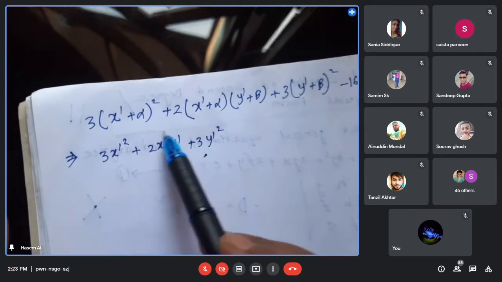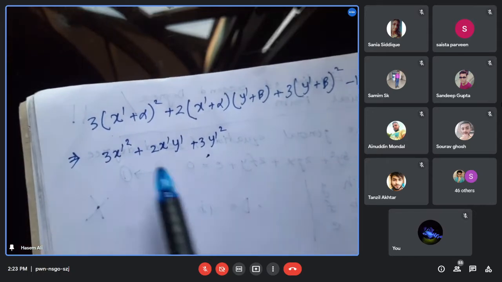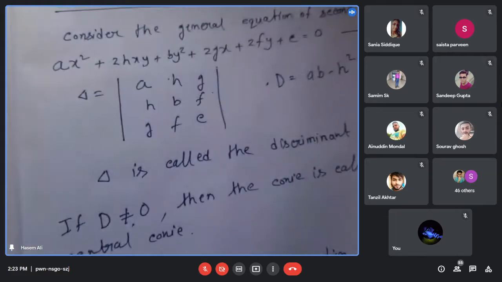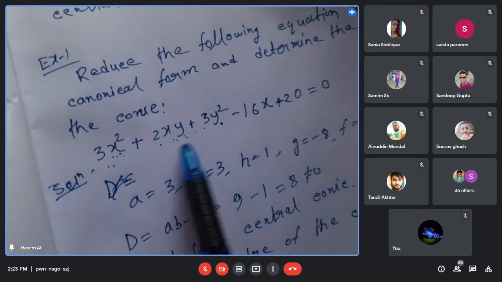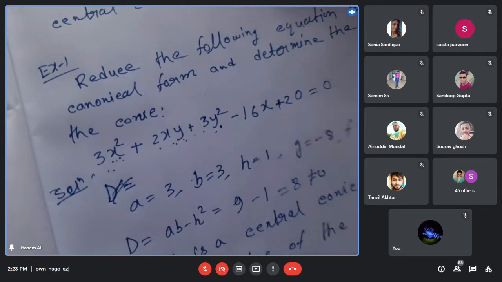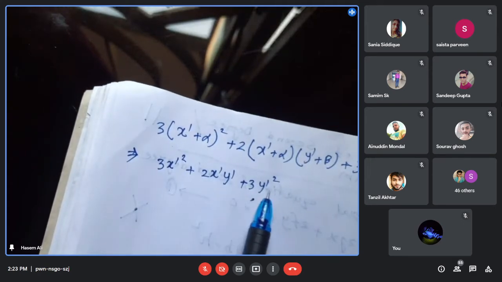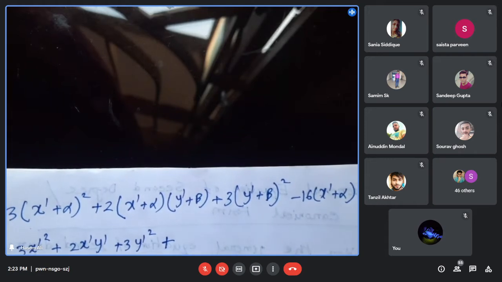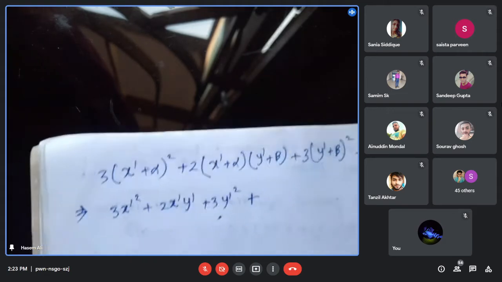You don't have to write all these terms. Since there is 3x square plus 2xy plus 3y square, in the new equation it will be 3x dash square plus 2x dash y dash plus 3y dash square. Now the first degree terms, you have to calculate from here.